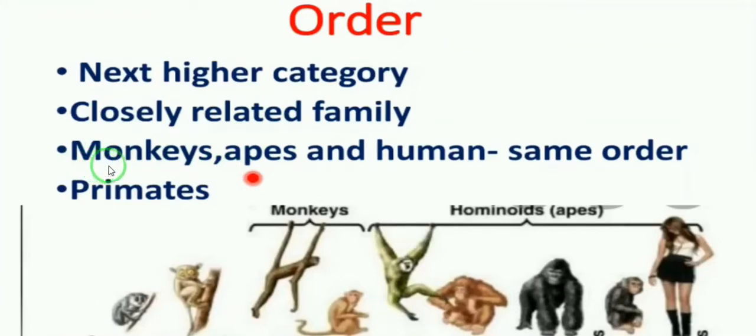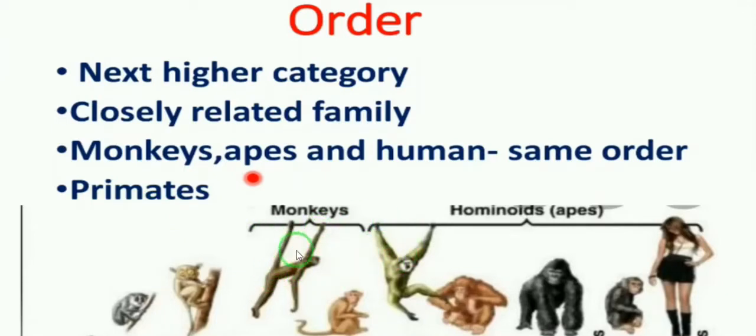For example, monkeys, apes and human. Because of some common features, they all come under the same order. The name of the order is primates.